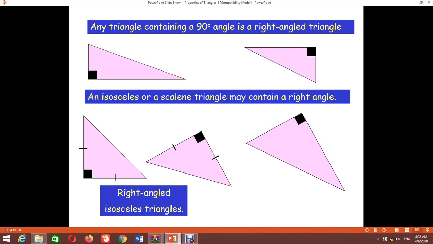So they sometimes can also be called right-angled isosceles triangles. So the first 2 are called right-angled isosceles triangle, and then the last one can also be called right-angled scalene triangle.